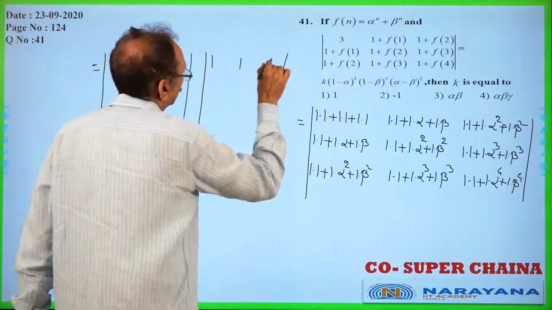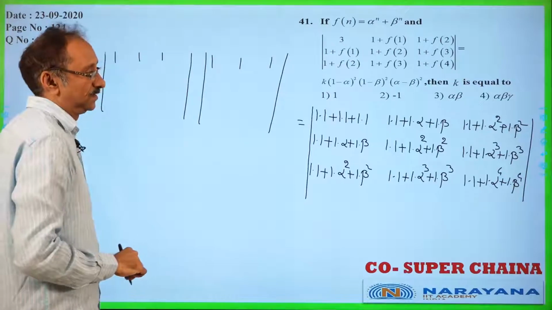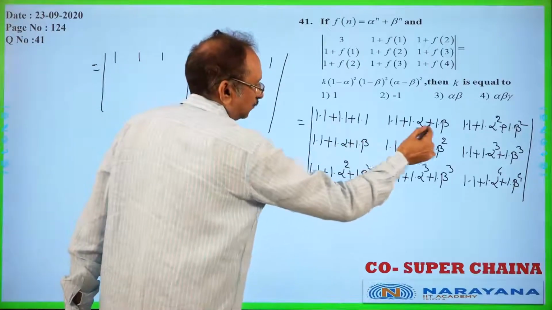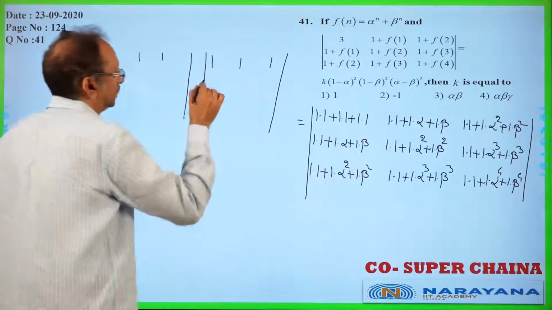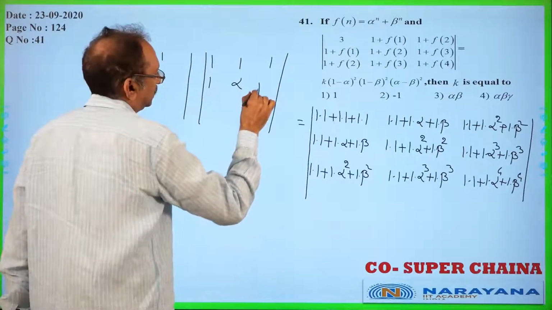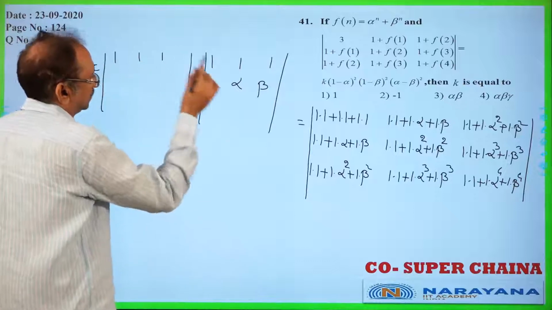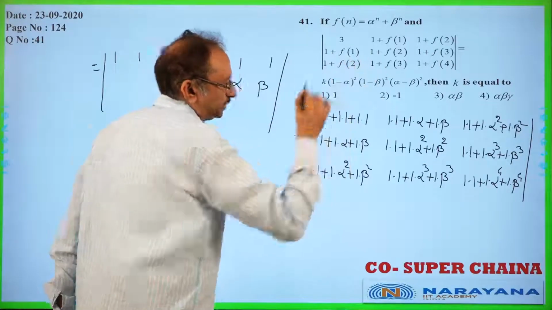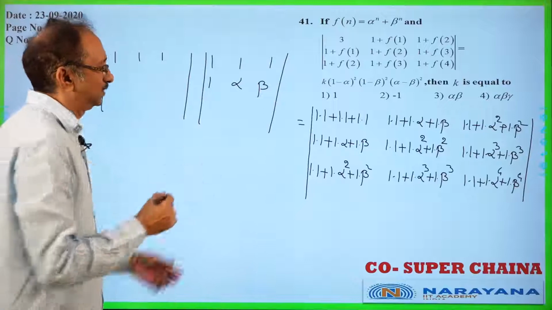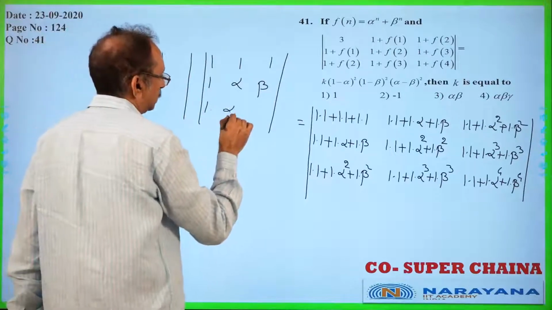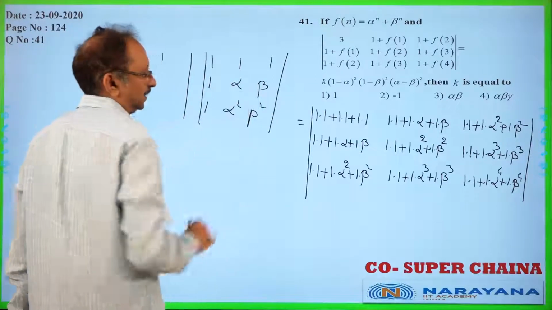Here also first row is 1, 1, 1. And for this, see 1, 1, 1, 1 alpha beta. Therefore, here second row will be 1 alpha beta. Multiply this with this, 1 into 1 plus 1 into alpha plus 1 into beta. And you can write now easily, this is 1 alpha square beta square.